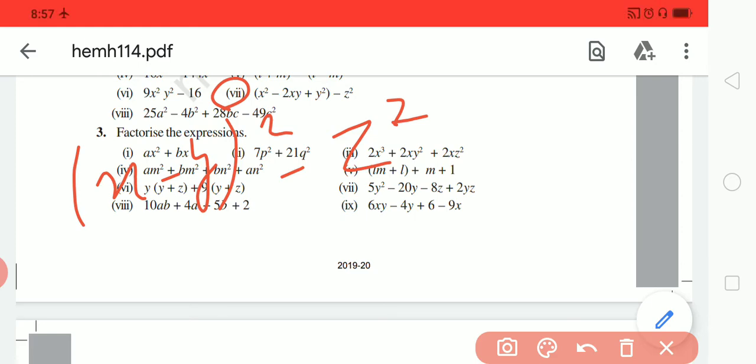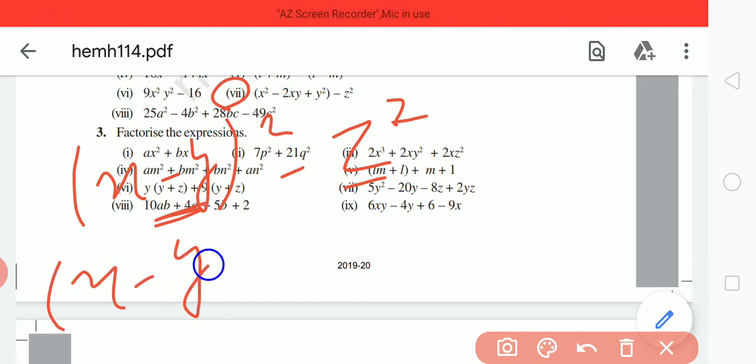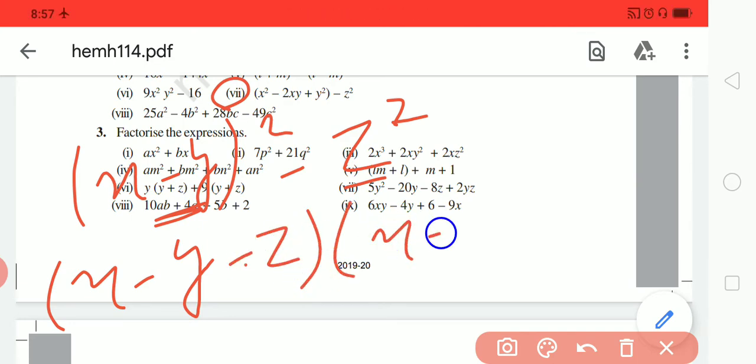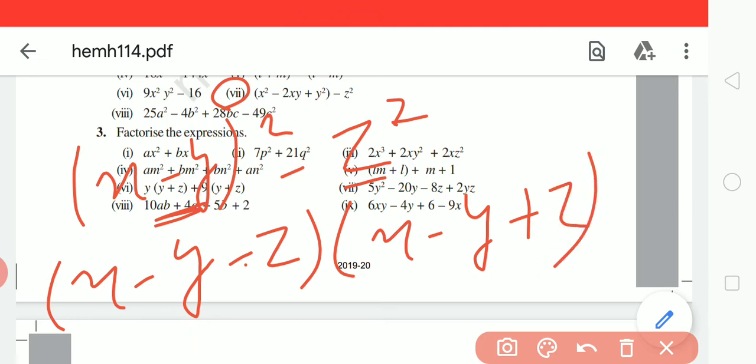So here x minus y is a and z is b, so it becomes a square minus b square. So at first we will subtract z from x minus y, then we will add z to x minus y. x minus y will remain the same, only z will be plus or minus. So this is the solution of the seventh part.